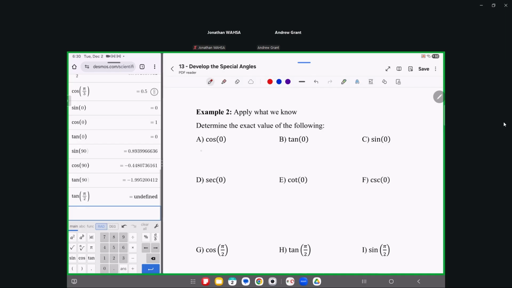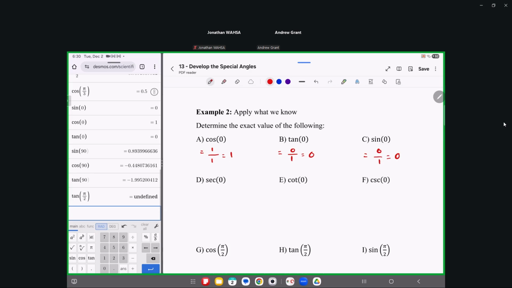Remember, sine of 0 is equal to 0 over 1, which is 0. Cos of 0 is equal to 1 over 1, which is 1, because the adjacent is going to be the same as the hypotenuse. Tan of 0 is equal to 0 over 1, which is 0.